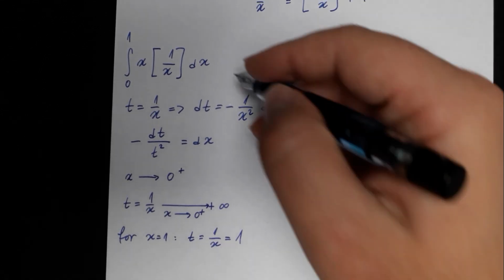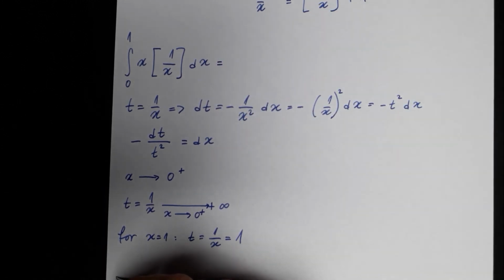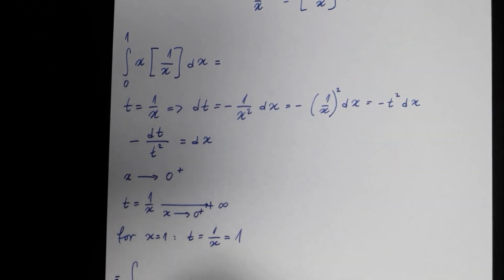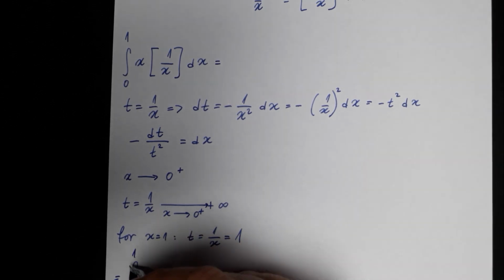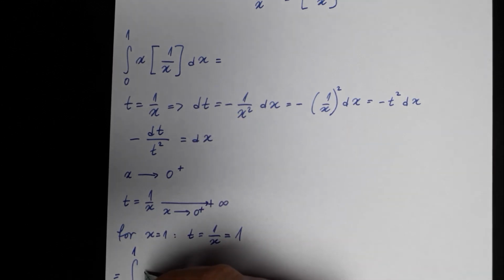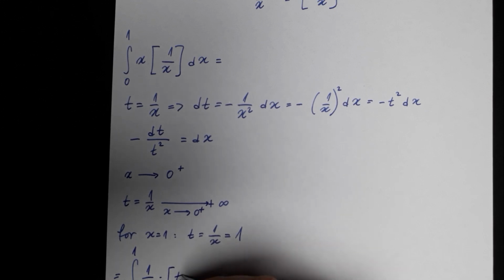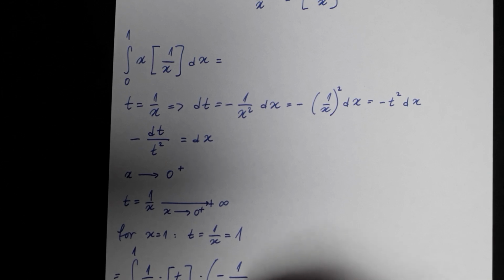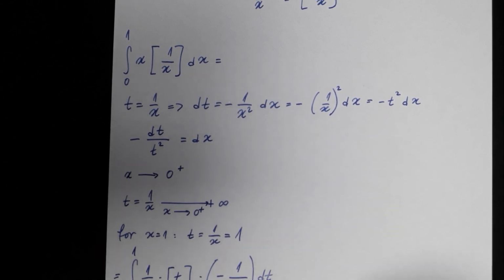Then our integral, which we have started from, becomes an integral whose lower border is going to be positive infinity, and the upper border is going to be 1. And when we use the substitution, we get 1 over t times the floor function of t times negative 1 over t squared, differential of t.